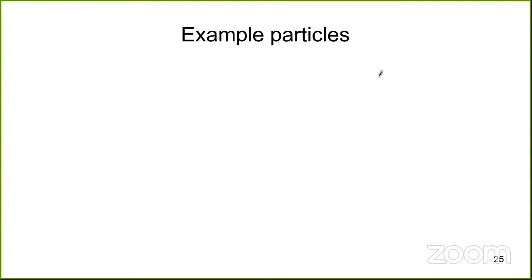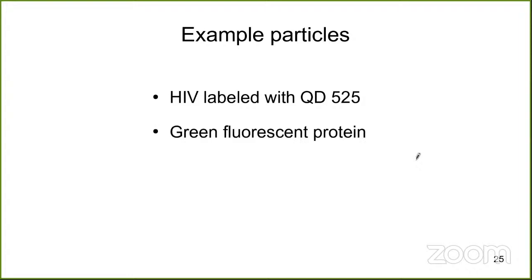So to compare fluorescence and Icecap with each other, we decided to use a few real-world examples. The examples we used are HIV virus labeled with a quantum dot, a green fluorescent protein, which is an example of a small, highly fluorescent protein, and then LHC2 and phycobilisome, which are a medium and a large light harvesting complex.